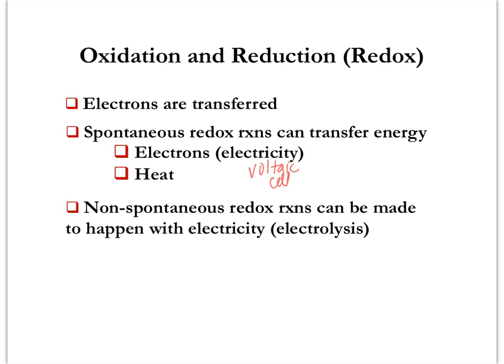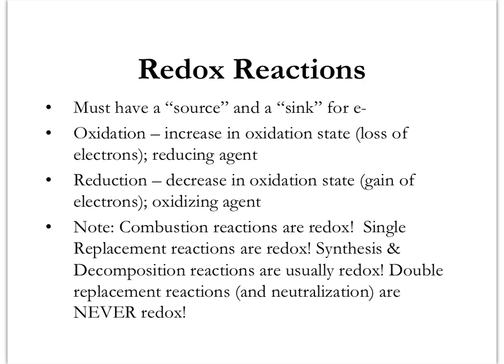If you have a non-spontaneous redox reaction and you force it to occur with the assistance of electricity, that's when you have something like electrolysis, and we'll talk about that as well. A redox reaction must have a source of electrons and a sink. The source is where you get them from, the sink is where they're going. Remember that oxidation is the loss of electrons. The substance that gets oxidized is also known as the reducing agent.